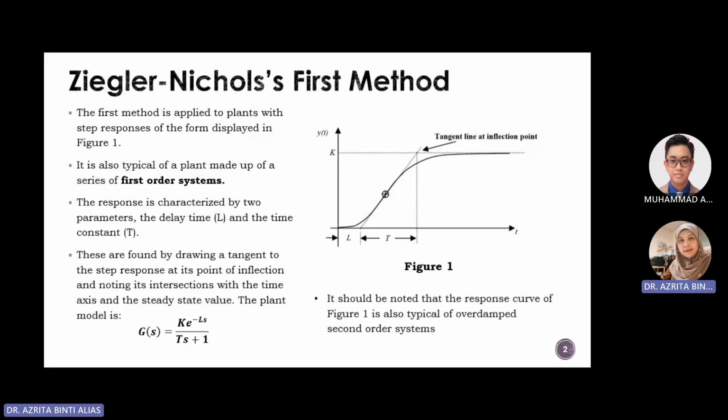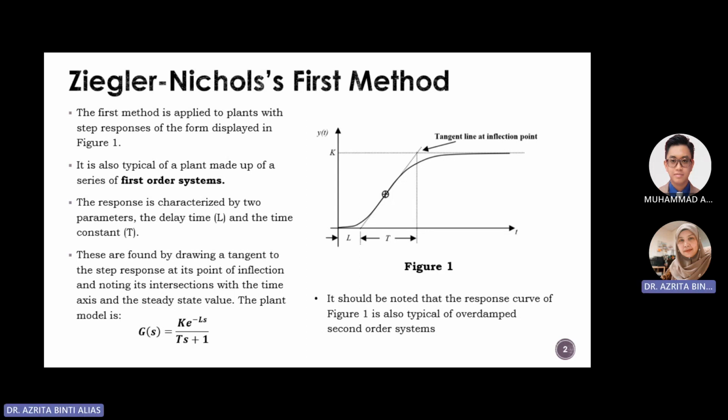Okay, and from the output response of the system, we can determine the parameters. There are 3 important parameters that you need to determine, which are K, L, and T. After you determine the values of K, L, and T, you can also determine the transfer function of the system. Later on, you can design the P, PI, and PID using Ziegler-Nichols.